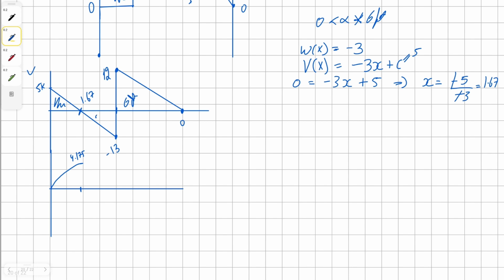Then the remaining portion of this triangle, so this is going to be 6 take away 1.67 times -13 times 0.5, and this gives us -28.45.